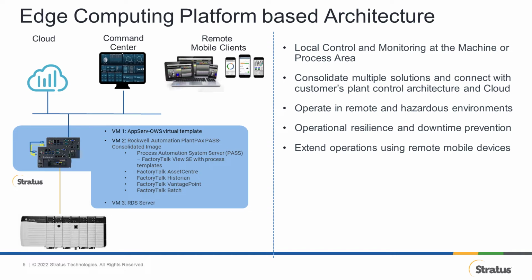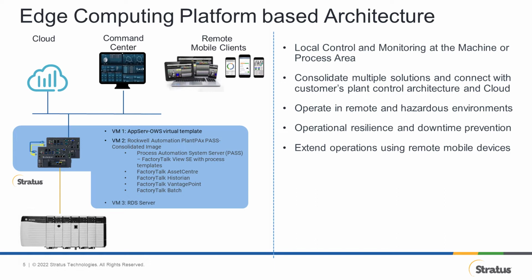It'll allow you to operate in remote and hazardous environments, allow you to operate with resilience and downtime prevention. And lastly, and more importantly, it will enable you to extend your operations using remote mobile devices. I want to focus on this last benefit, as extending operations using remote mobile devices enables organizations to empower their staff and get better results.